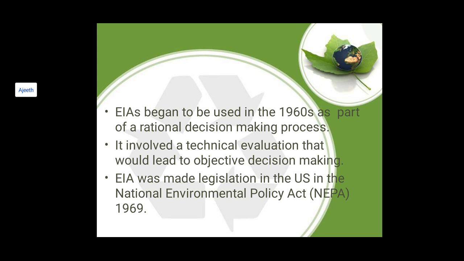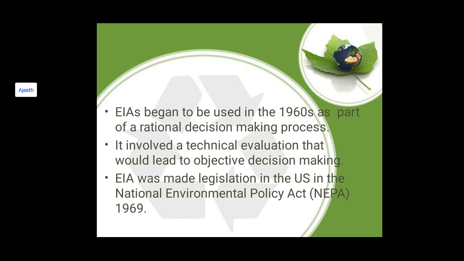EIA began to be used in the 1960s as a part of the rational decision making process. It involved technical evaluation that would lead to objective decision making. So before any project is done, after the EIA itself, the permission is usually given whether the project can be done or not.